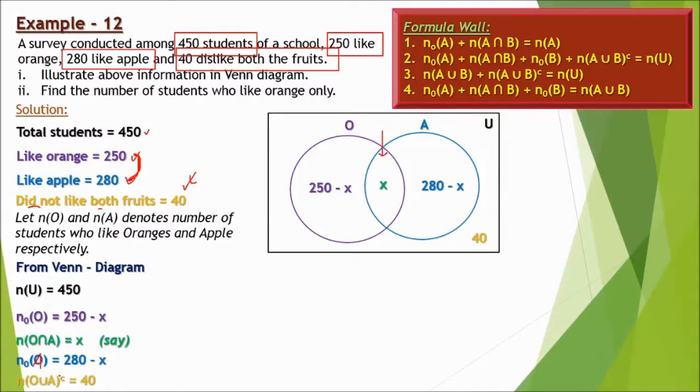So the complement is 40. Okay, we have the formula. We are going to use the second formula: N(only O) plus O intersection A plus N(only A) plus the complement of O union A equal to the universal set.